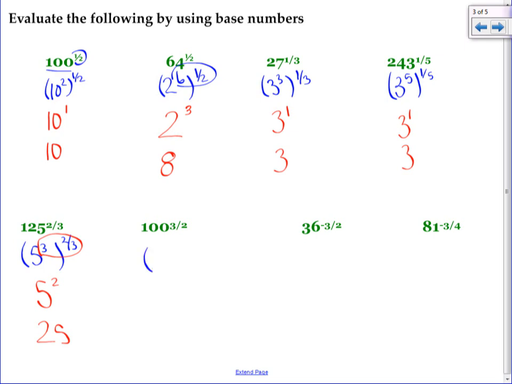Okay, we'll change this one to its base number, 10 squared. We multiply our 2 exponents, and we get which is 1,000.